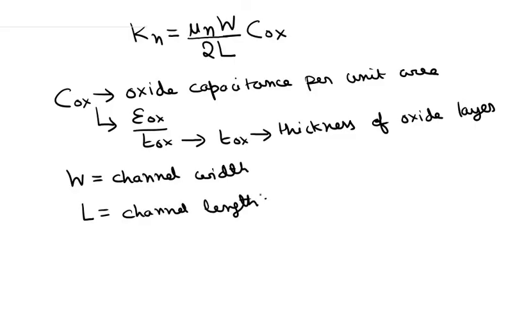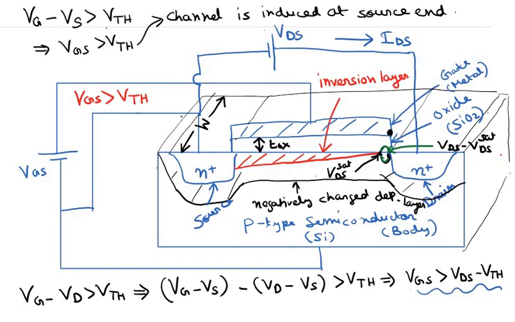and this is effectively the distance between the source and the drain, or approximately equal to the distance between the source and the drain. So the channel length is basically this length over here, the effective distance between the source and the drain.